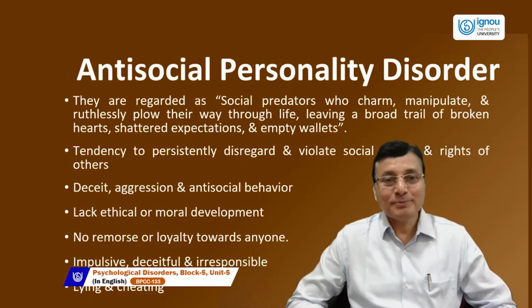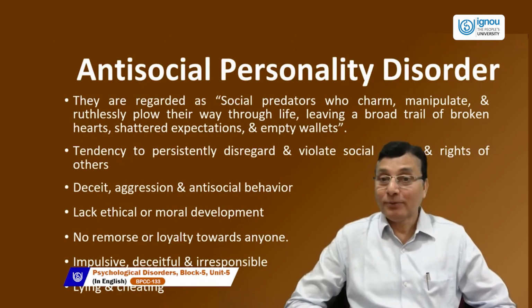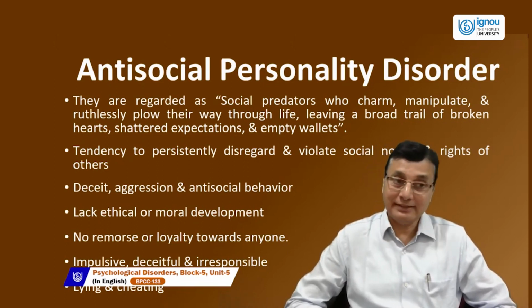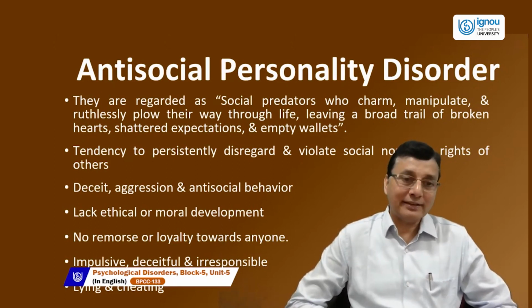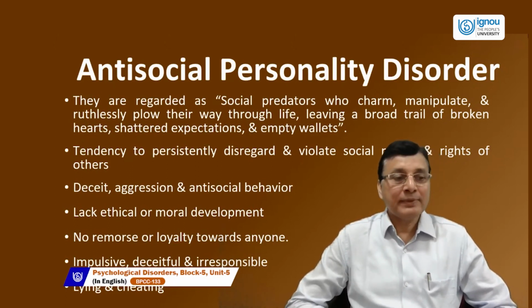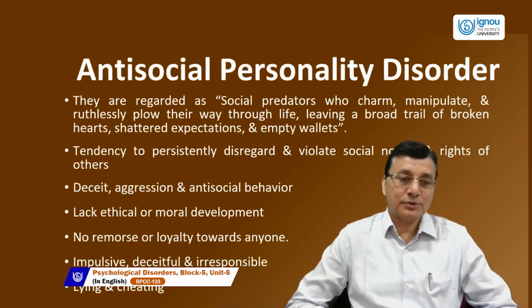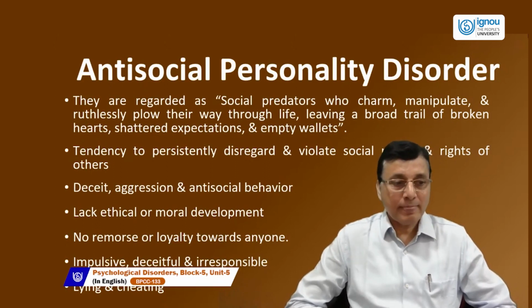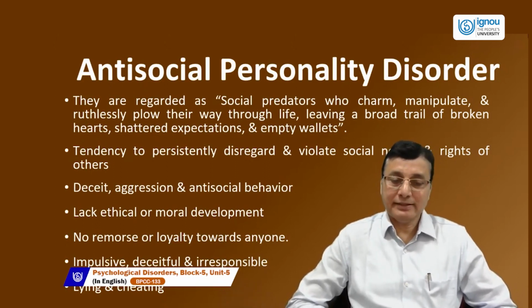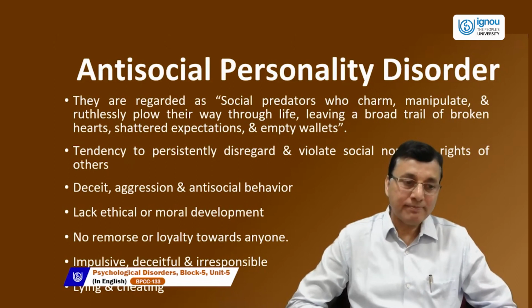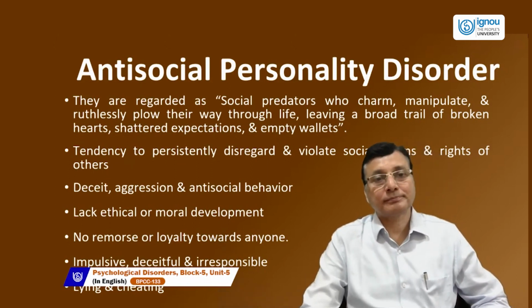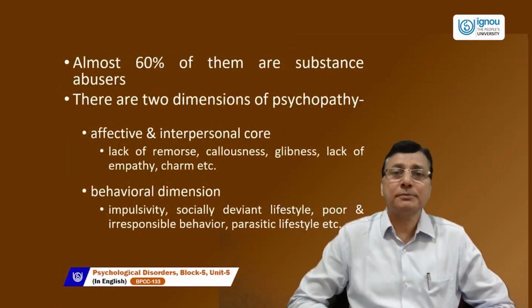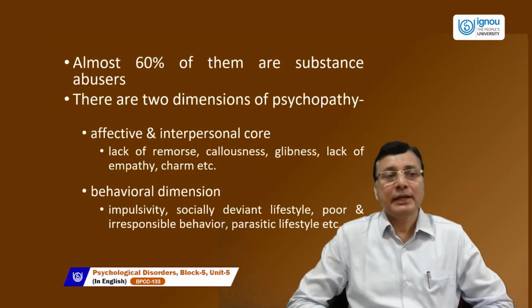There is a tendency to persistently disregard and violate social norms and the rights of others, and they do not feel remorse at all. Deceit, aggression, and antisocial behavior. They lack ethical or moral development, have no remorse or loyalty towards anyone, and are impulsive, deceitful, and irresponsible, and they lie and cheat others. Almost 60% of them are substance abusers.